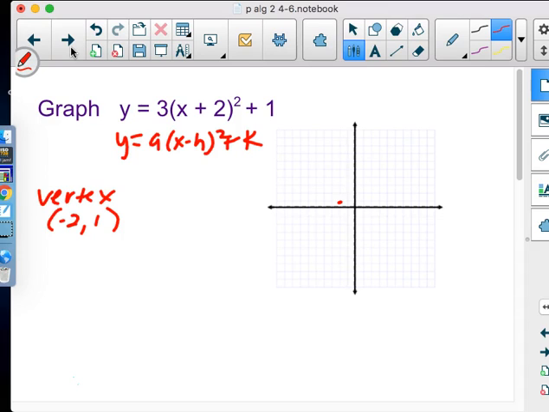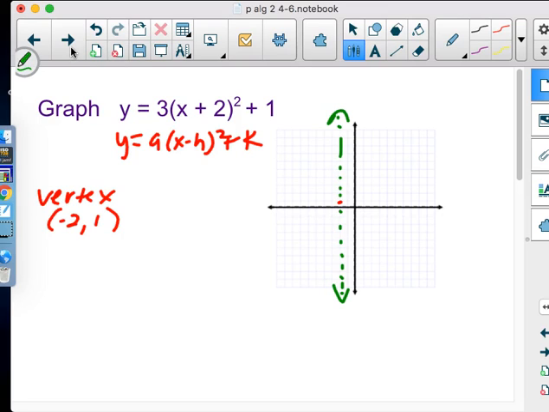Something else important is always going through that vertex. What's that important thing? Axis of symmetry. Good. I heard a couple of people say it. Is there some easy point that we could find on this that would make it go faster?